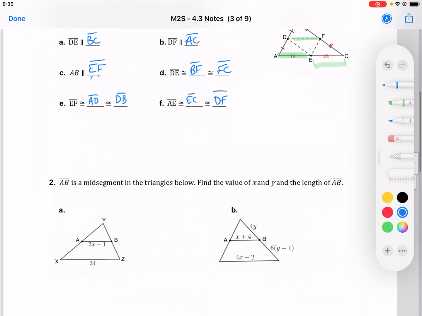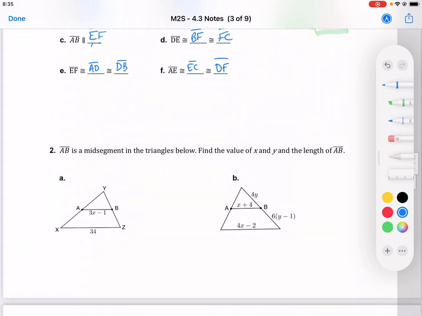Sweet. So let's figure out how you actually solve using this process. Remember, it's essentially similarity, but we already know what the scale factor is. So this 34 is going to be twice as big as the 3x minus 1.